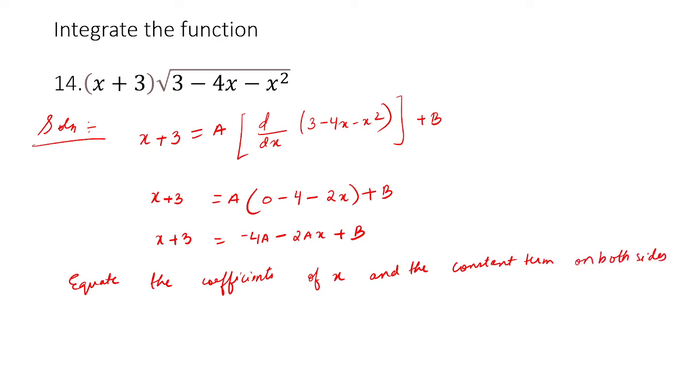Okay, so you'll get this. The coefficient of x on the left hand side is 1 and on the right hand side is minus 2a. The constant term on the left is 3, the constant term on the right is minus 4a plus b.